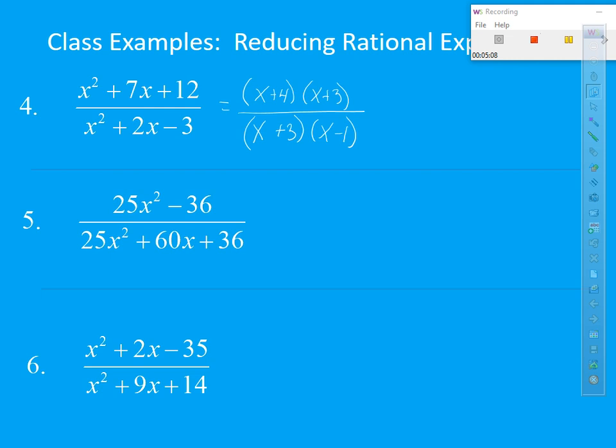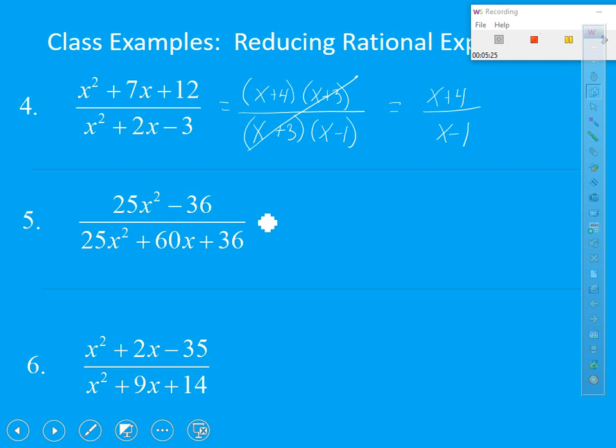Now, if they have a binomial in common, we can divide that out, leaving me x plus 4 over x minus 1. So you have to write it as factors, and then you can divide those out.